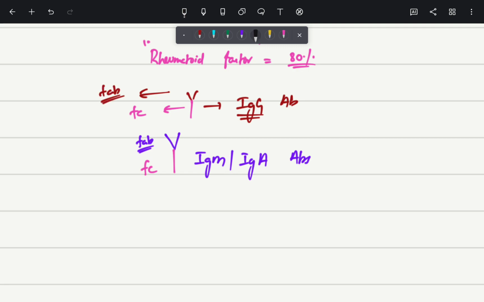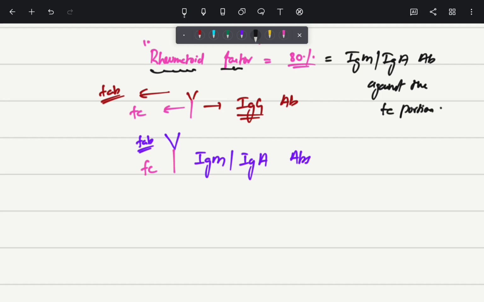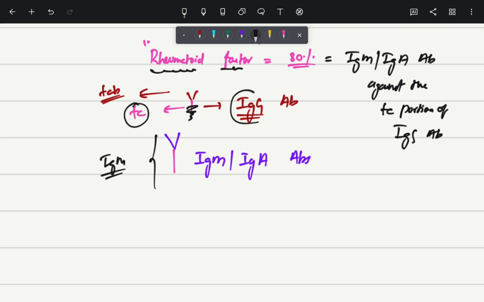So rheumatoid factor is nothing but IgM or IgA antibody against the Fc portion of IgG antibody. So as you can see here, this IgM antibody is going to attack the Fc portion of the IgG antibody. So this is known as rheumatoid factor, which is found in the synovium.